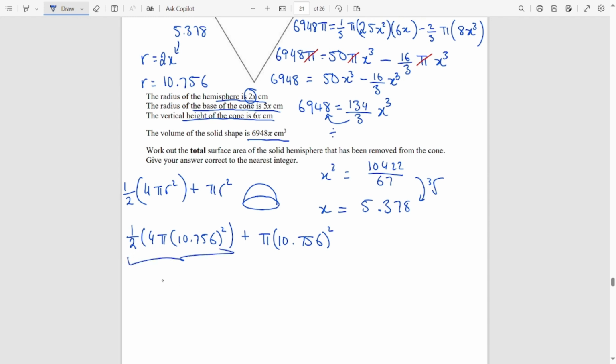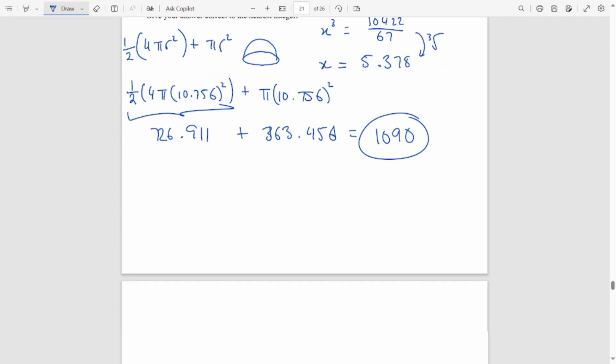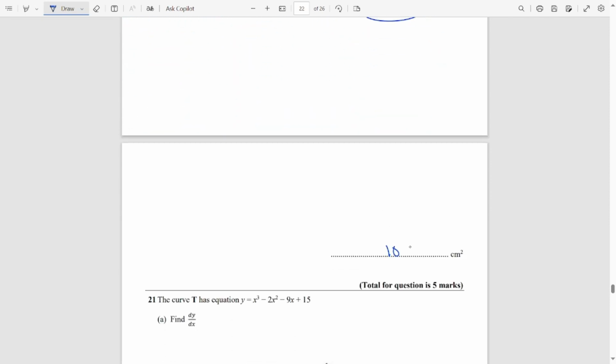I think this part here is 726.911 plus the area of the circle, which is 363.456. But as I said, not necessarily split it up like that. You could just type it all in and you will get a total of 1090. And I have rounded that already to the nearest integer. And that will go all the way down here.